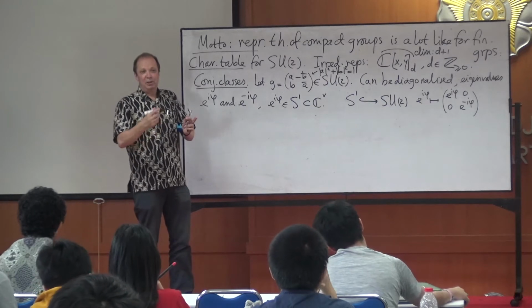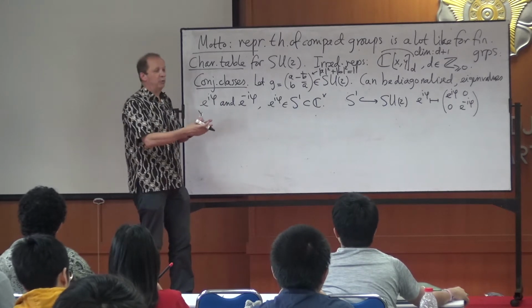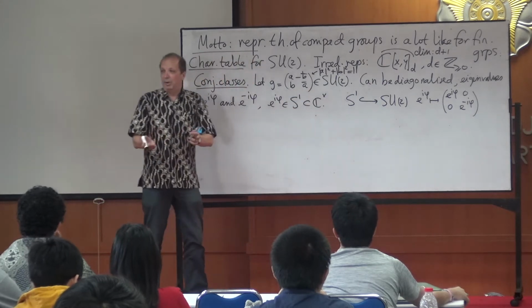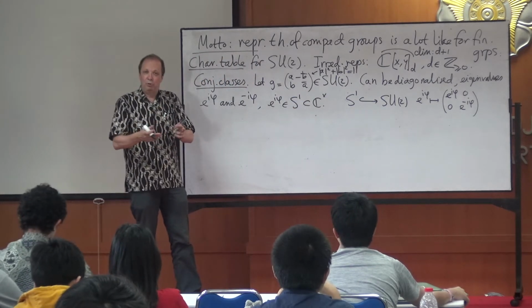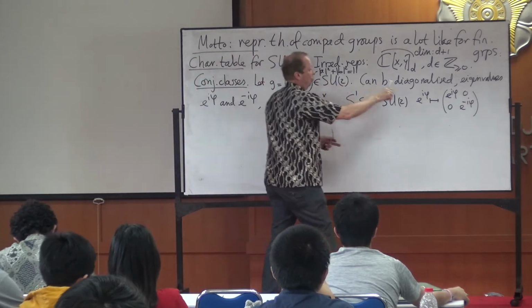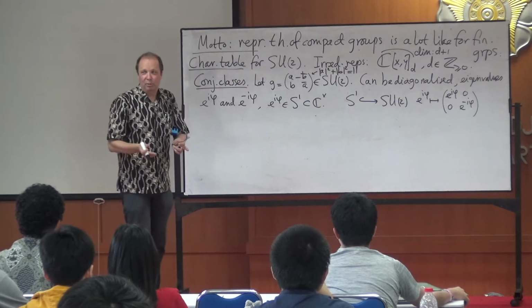And then your basis of eigenvectors differs from the standard basis by an element of SU2. That means G is conjugated by an element of SU2 to this. But I made a choice of numbering of the eigenvectors, or of the eigenvalues.